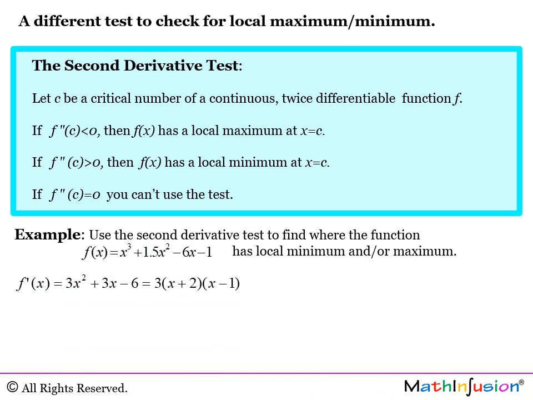Now we are going to use the second derivative test to find where the function f(x), the one from before, has a local maximum or minimum. We already differentiated and we have the first derivative to be 3x squared plus 3x minus 6.